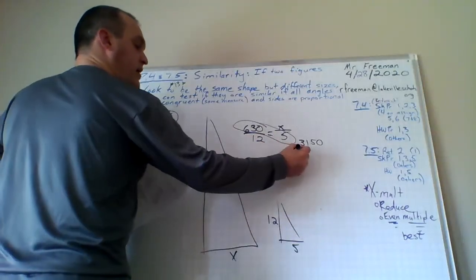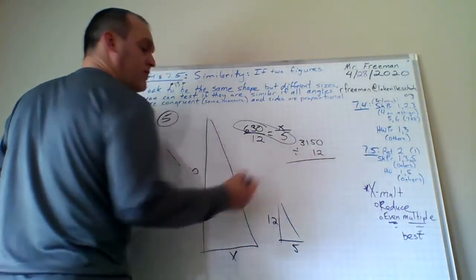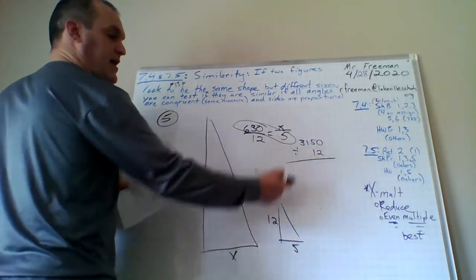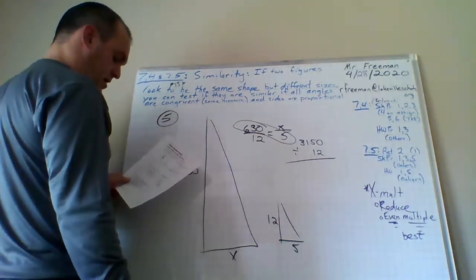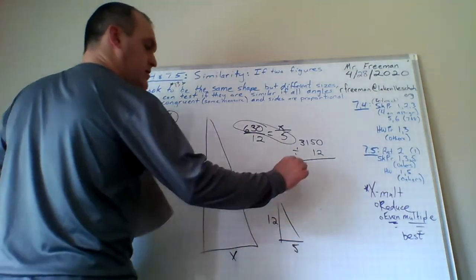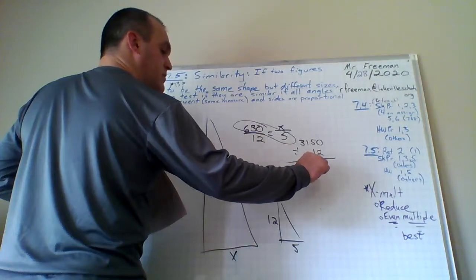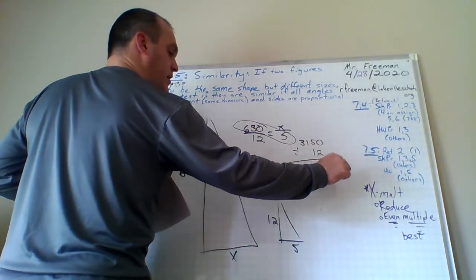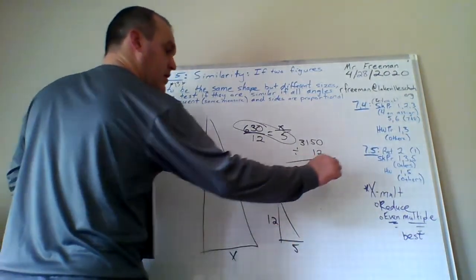So if I divided both sides by 12, then when I divide that, use your calculators, check me out, you would be 262.5, and I believe that's feet.